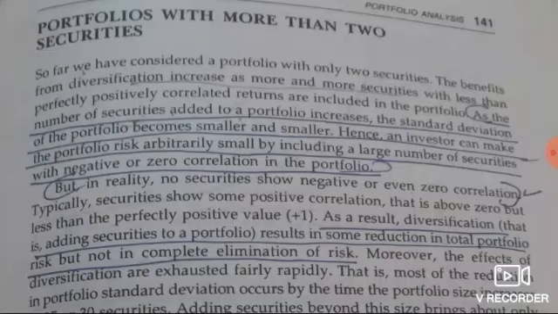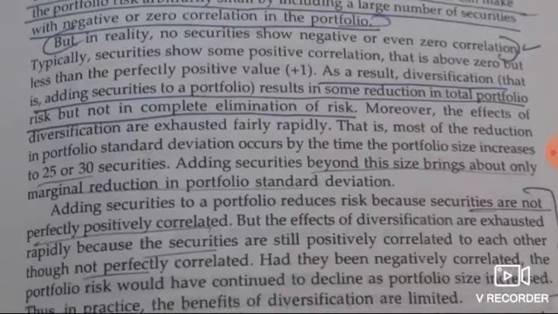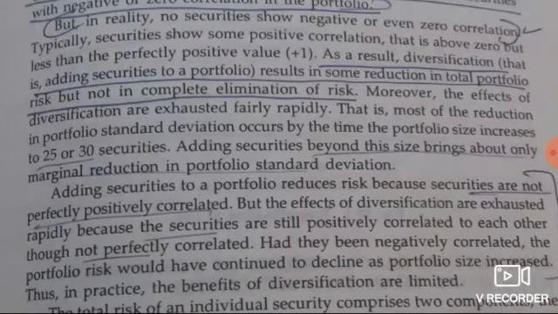So that we discussed. But there is a limitation to diversification. First, in reality, no securities show negative or zero correlation. There might be a certain amount of correlation which will range between 0 and +1. So the only thing we can do is include securities which have a correlation below 1.